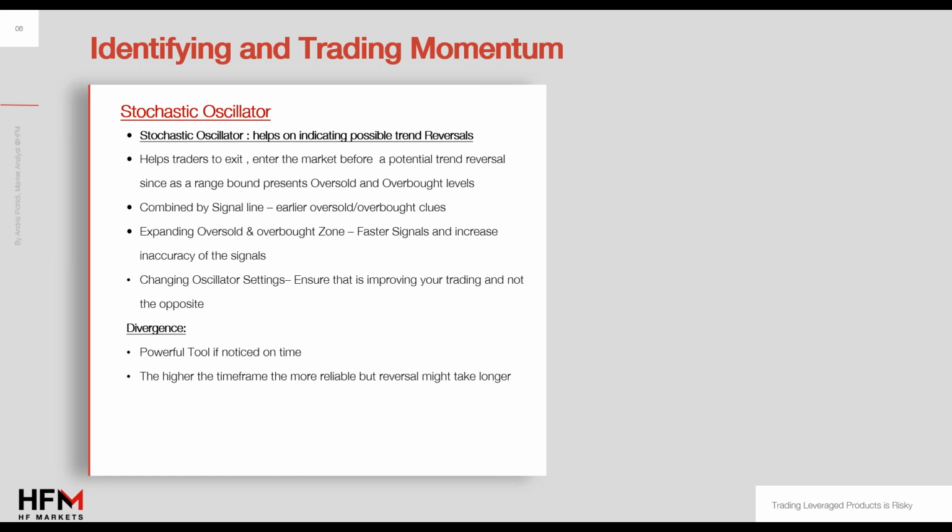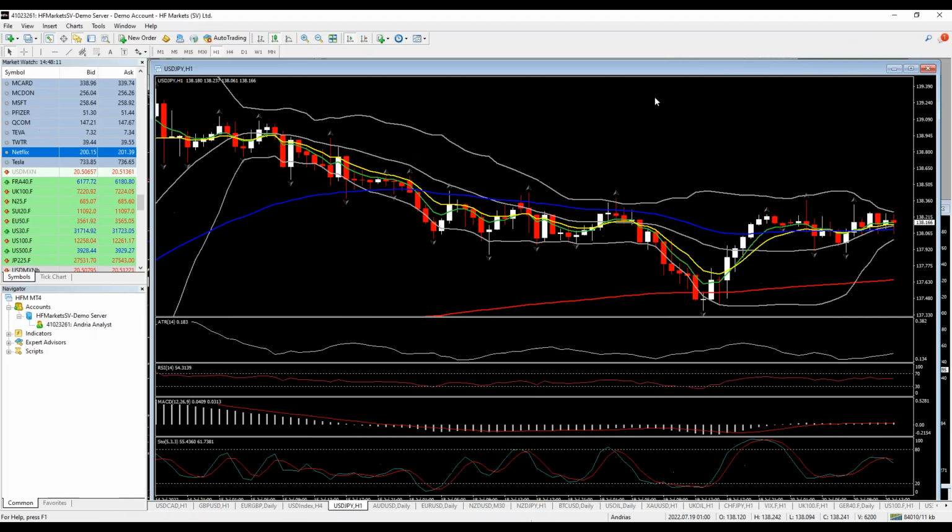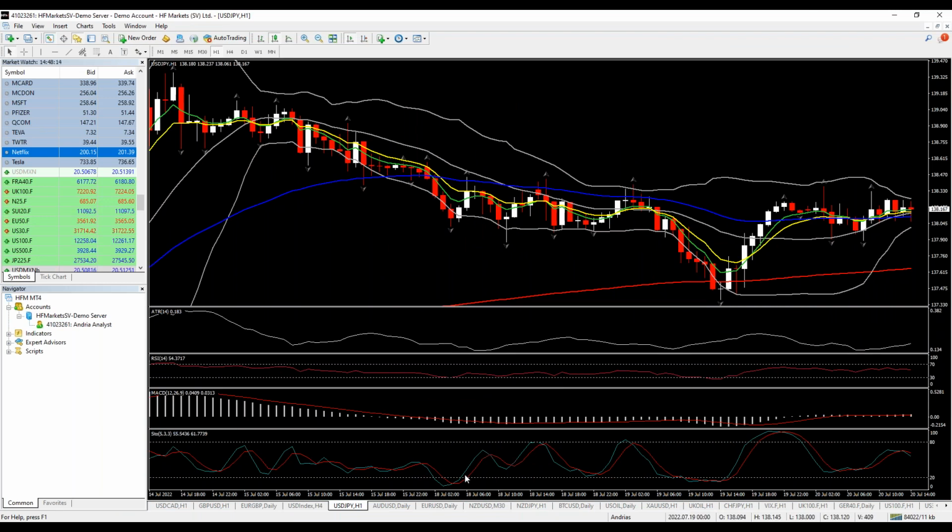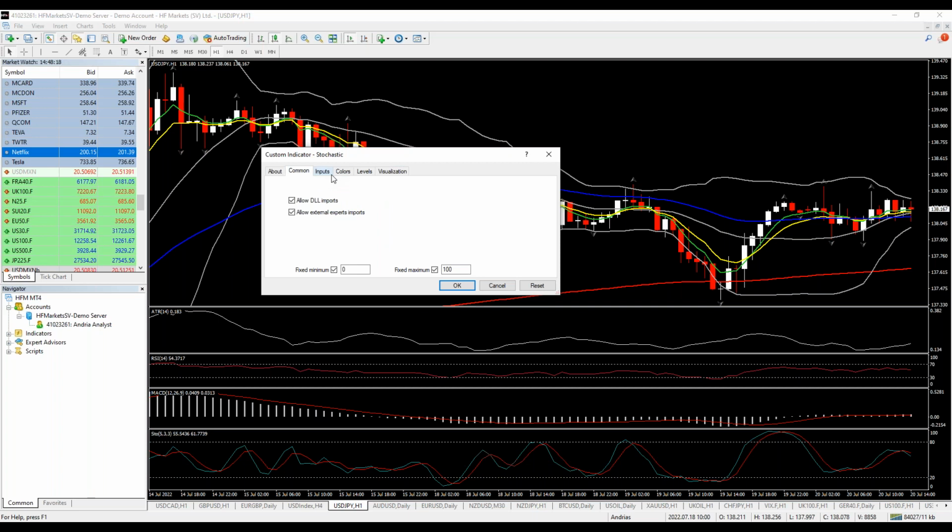If you try to change the settings and expand the oversold or overbought zone, and what I mean by that, give me a second to demonstrate. So if you try to change the settings, here's my stochastic, here at the very bottom. If you try to expand the overbought and oversold territories, that might not be a good idea because it might give you fast signals but inaccurate ones.